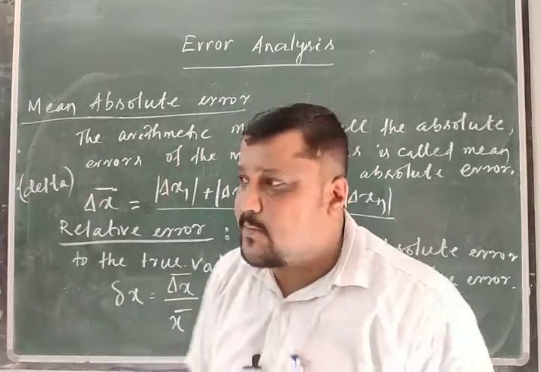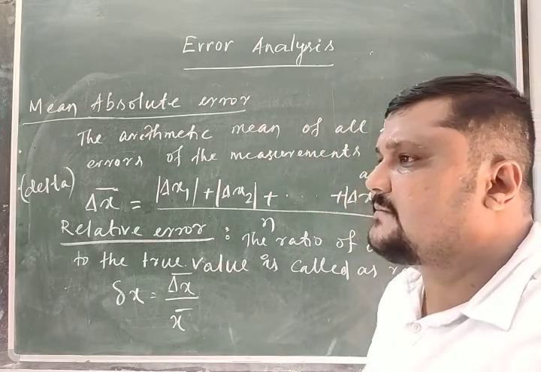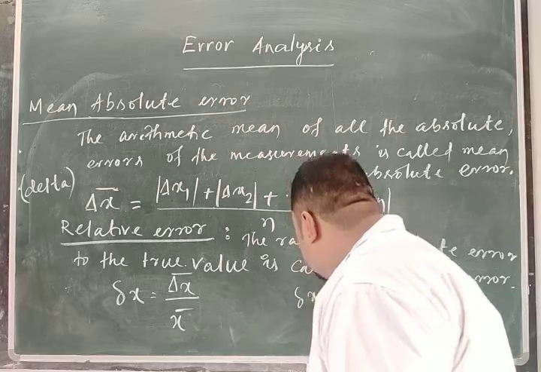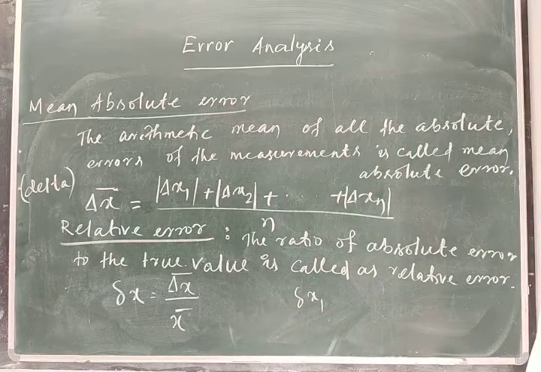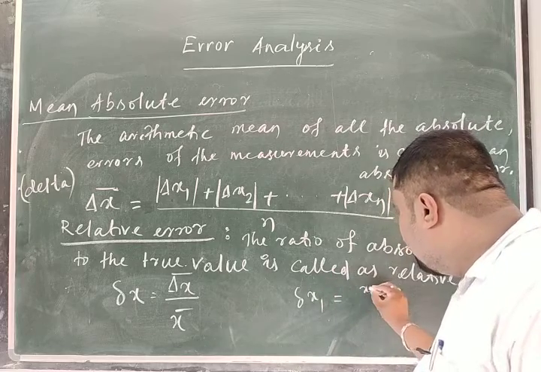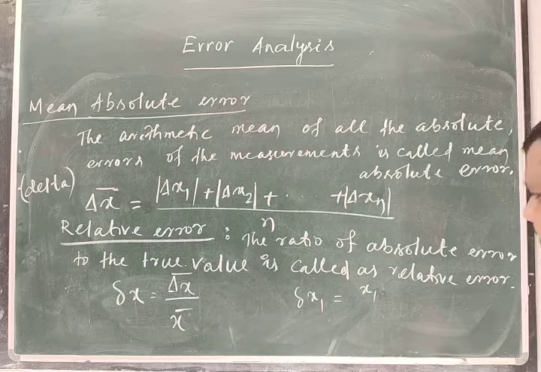Suppose I ask you, what is the relative error in the first observation? In the first observation, I will write delta x1, because in the first observation I get only one value, that is x1.